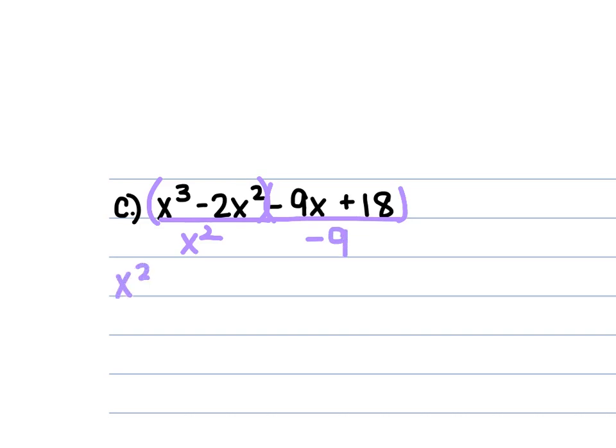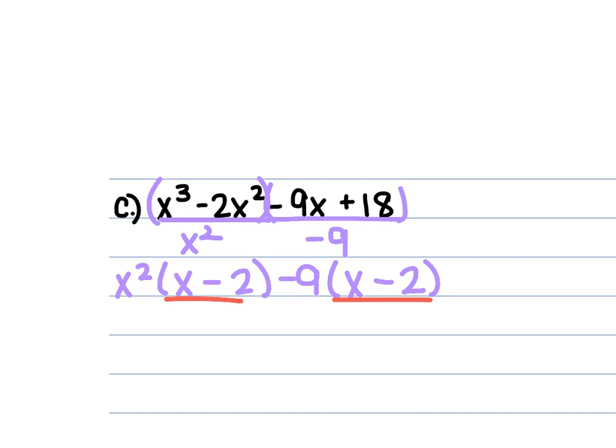So we're going to have x squared times x minus 2, as well as negative 9 times x minus 2. So because those two sets of parentheses are the same, we're going to rewrite them towards x minus 2, and then we have x squared minus 9.